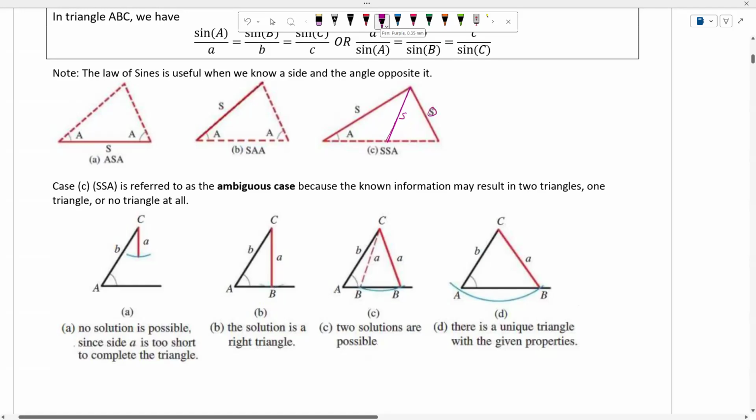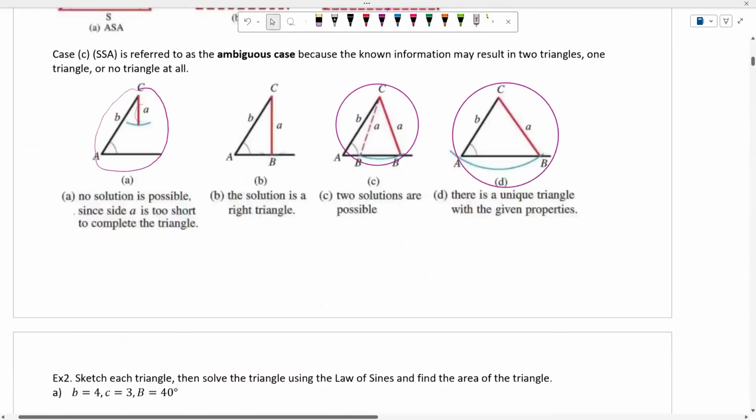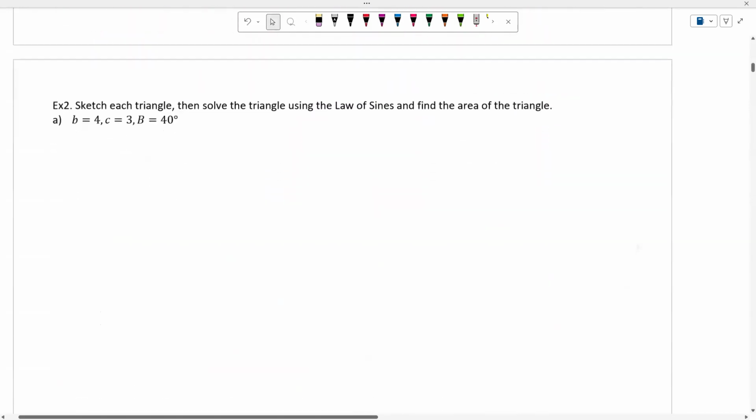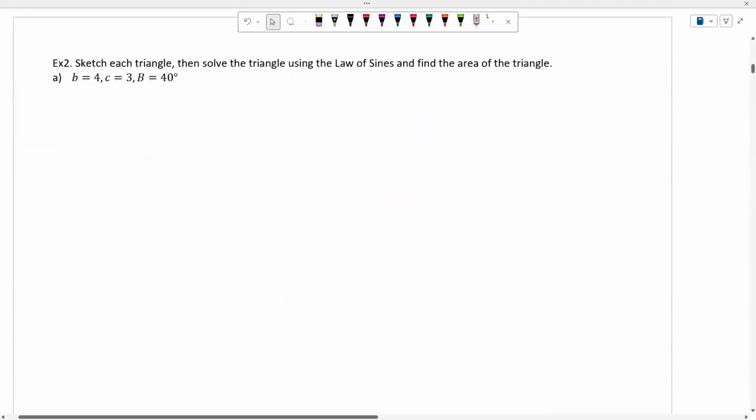So therefore, if we have SSA, then we may end up with one triangle. Maybe we have two triangles. Or we will have no triangle, because this side is too short.